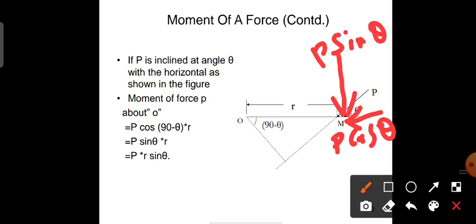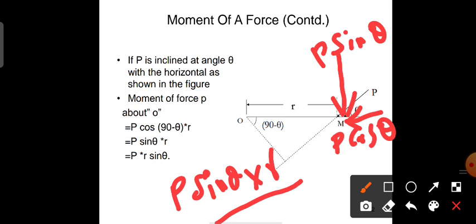So finally the moment of the force will be equal to P sin theta into R. P sin theta into R will become the moment of the force P about O. So you can directly calculate this moment by resolving the force vertically, instead of calculating the perpendicular distance.